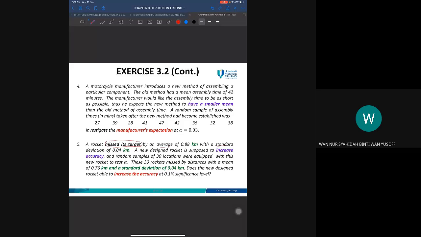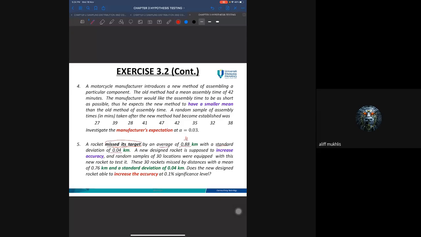So what is 0.88 here? It is mu. And the standard deviation, the 0.04 here, S again?